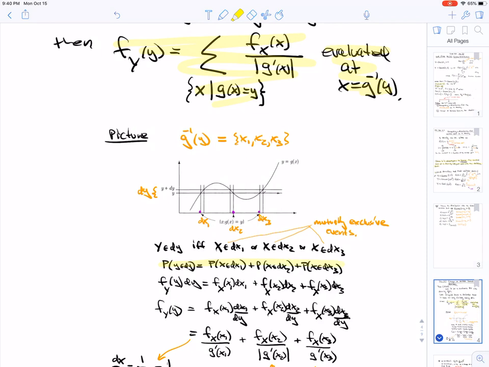So you can just write this out in terms of the densities, and then divide both sides by dy.